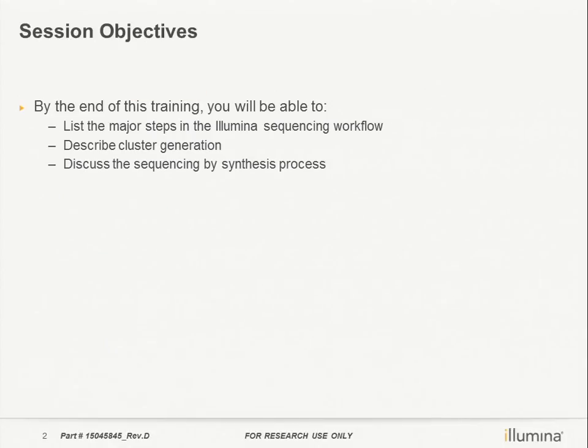So this session, we'll go through the major steps in the Illumina sequencing workflow, and then I'll discuss the cluster generation process and the sequencing process, which makes use of the technology called sequencing by synthesis.